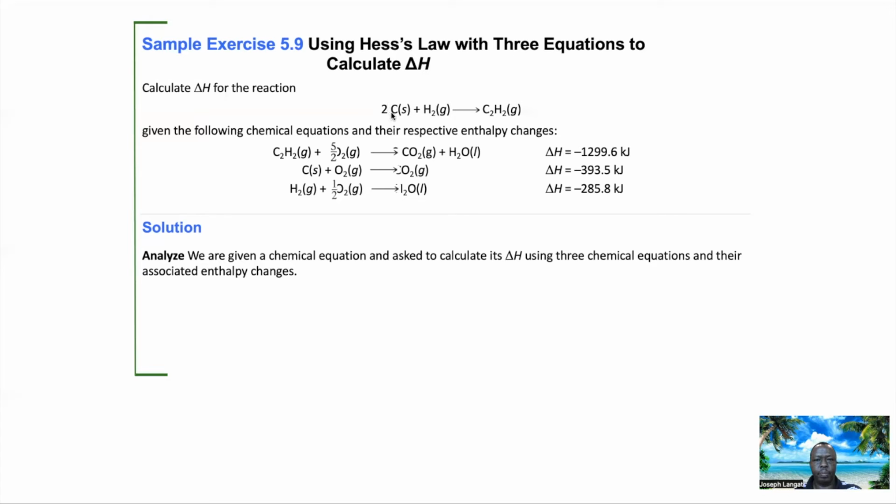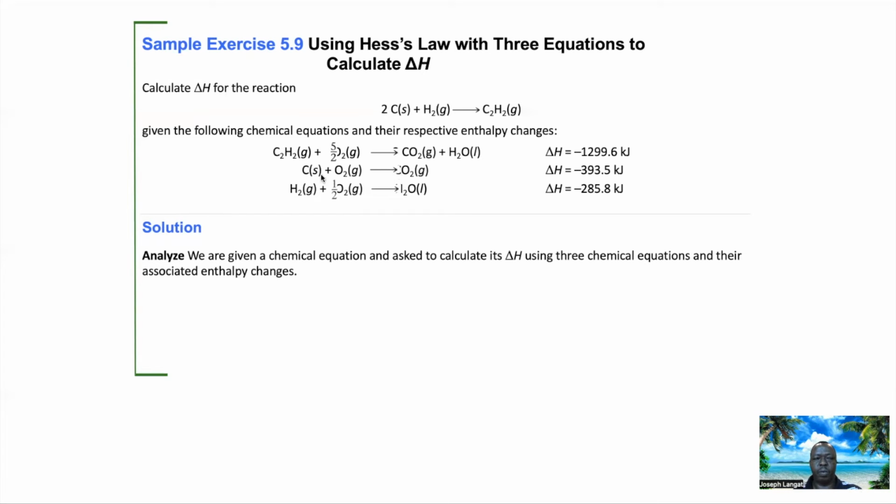If I look at carbon, solid carbon, the only step with carbon is equation 2, and there is a coefficient of 2, which means we multiply equation 2 by what? By 2.